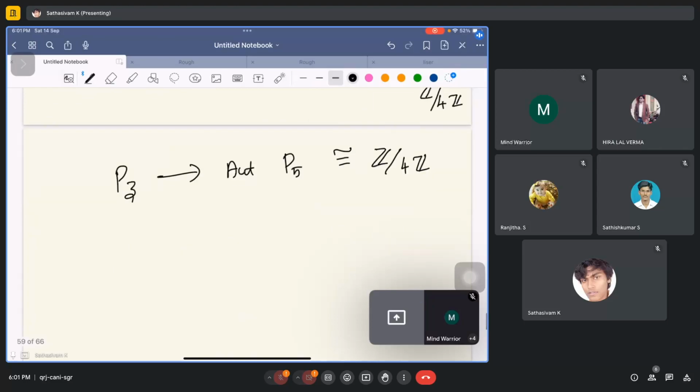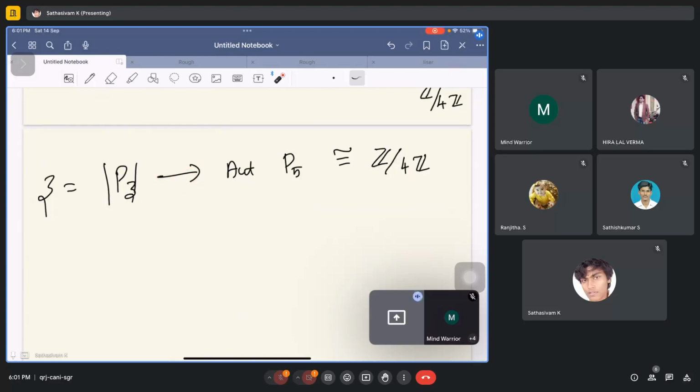But this has order 3, and this has order 4. So what is this homomorphism? There is only one such homomorphism possible. If you have a homomorphism from a group of order 3 to a group of order 4, it is trivial.